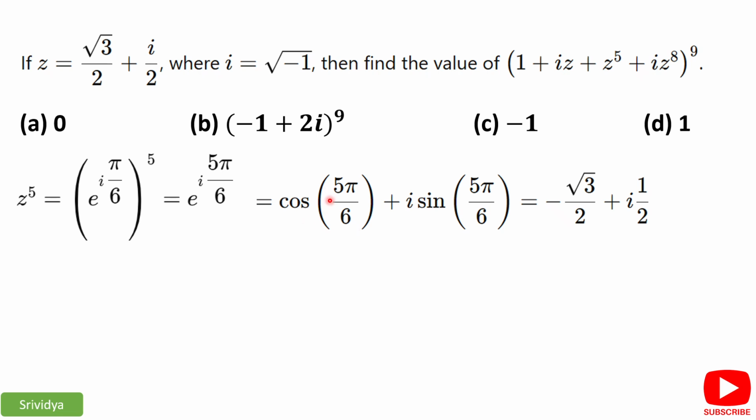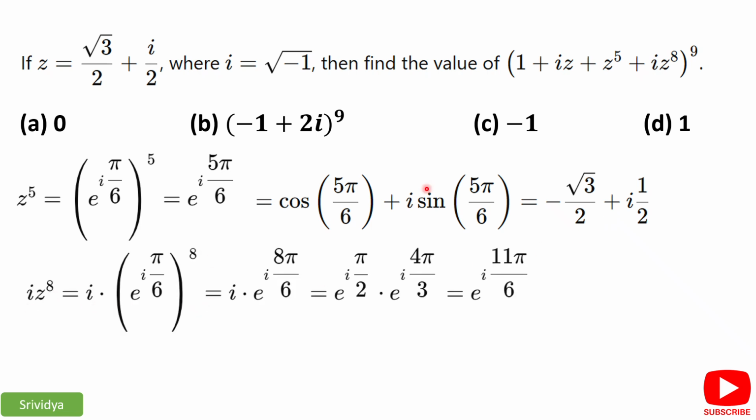This is minus cos pi by 6, which is nothing but minus root 3 by 2. Similarly, i sin 5 pi by 6, we have i as it is here. Sin 5 pi by 6 is nothing but sin of pi minus pi by 6, which is plus sin pi by 6, which is 1 by 2. So z to the power of 5 is minus root 3 by 2 plus i into 1 by 2.